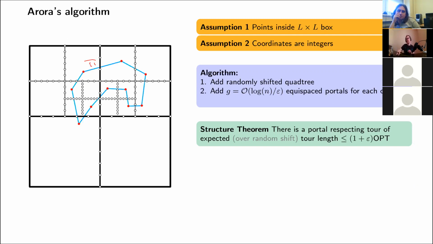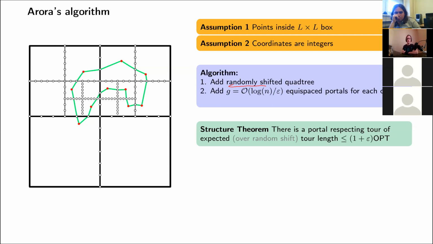Then the difference between this blue and green part, in expectation taken over the shifts of the quad tree, recall that we have randomly shifted the quad tree at the very beginning of the algorithm, then you basically don't lose too much, right? You can restrict yourself to find only a portal respecting solution, and you will get a nice 1 plus epsilon approximation.